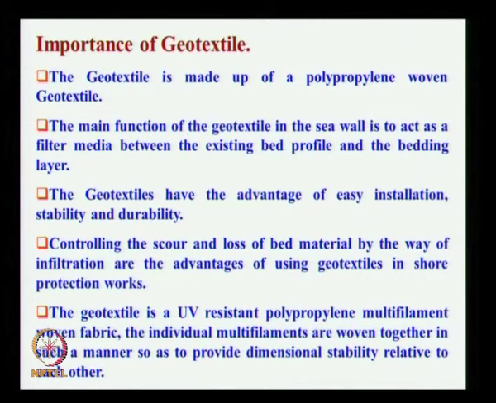These are woven together in such a manner so as to provide dimensional stability relative to each other. These geotextiles are normally coming in rolls, maybe in 3 meter width. So you lay one 3 meter width and put another 3 meter width with the overlap of about 300 millimeters, so that it can be stitched together.